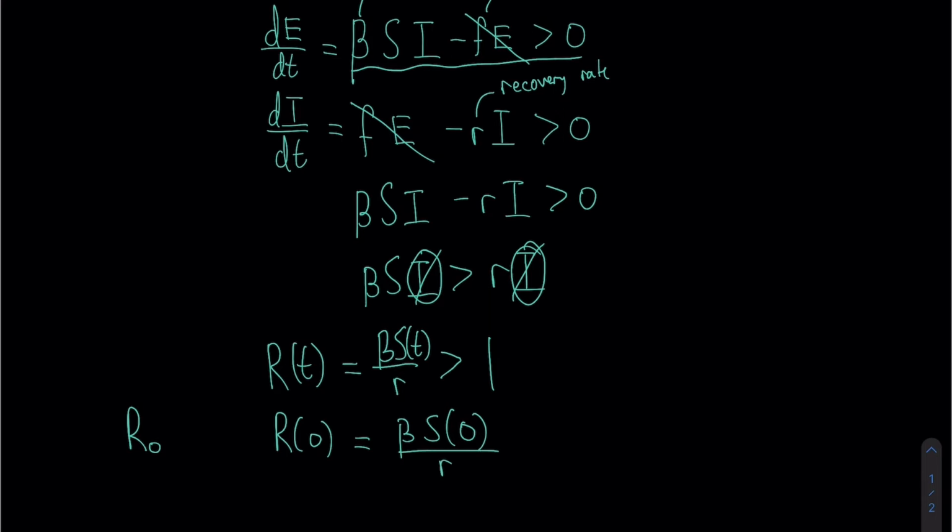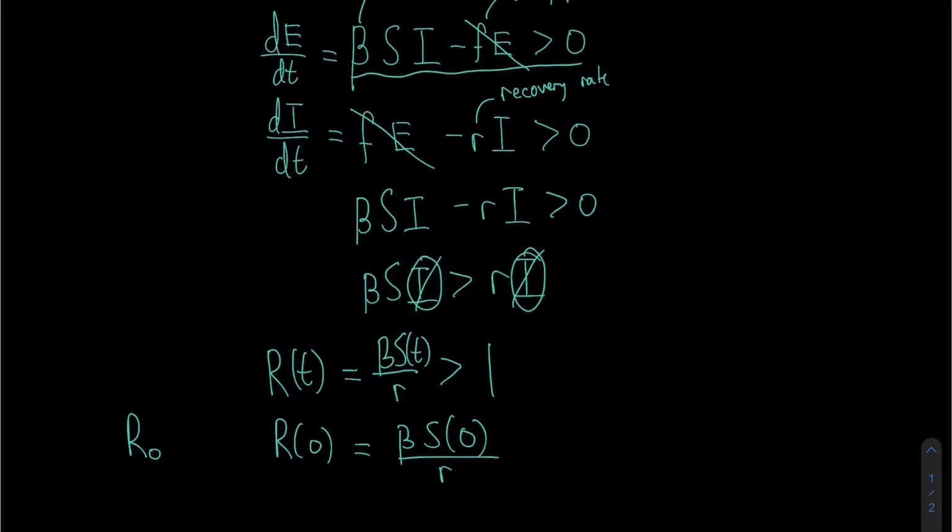But what does 0 mean? It means at the start of the infection. And notice at the start of the infection, basically everyone is susceptible. So if the population is defined by a number N, then we can write this as beta N over r.